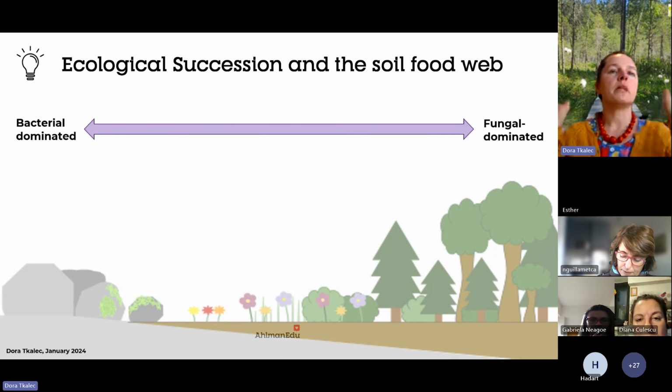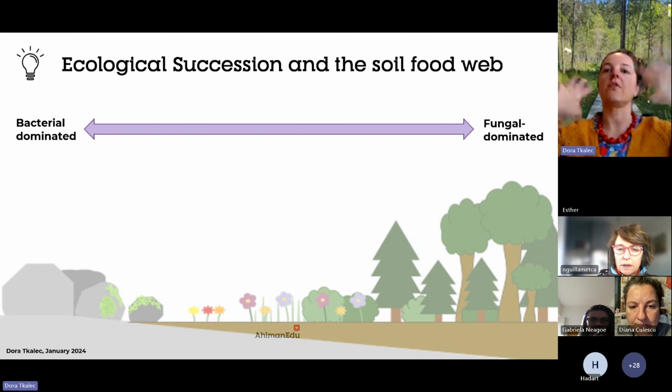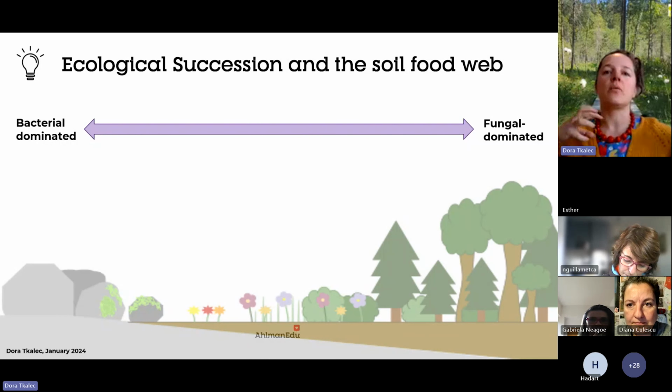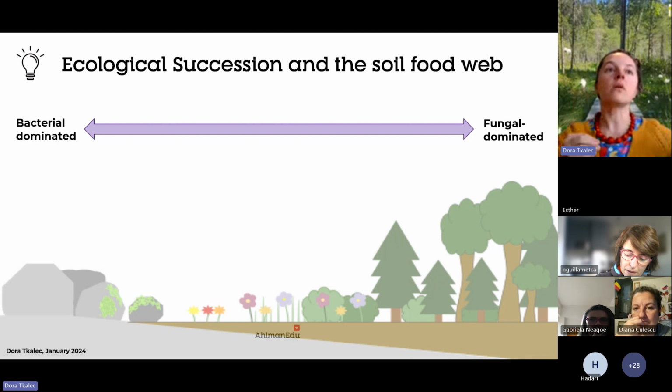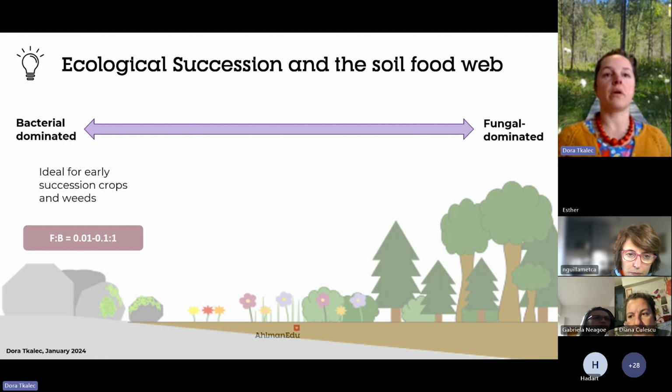But basically, what I want to say here is that the above ground succession is actually followed by below ground succession. Like I said, the plants are leading the game. They are deciding which organisms are going to live, which organisms they want to feed. So when we are talking about below ground succession, we are talking about bacterially dominated or fungally dominated soils, and it is expressed in the fungal to bacterial biomass ratio.